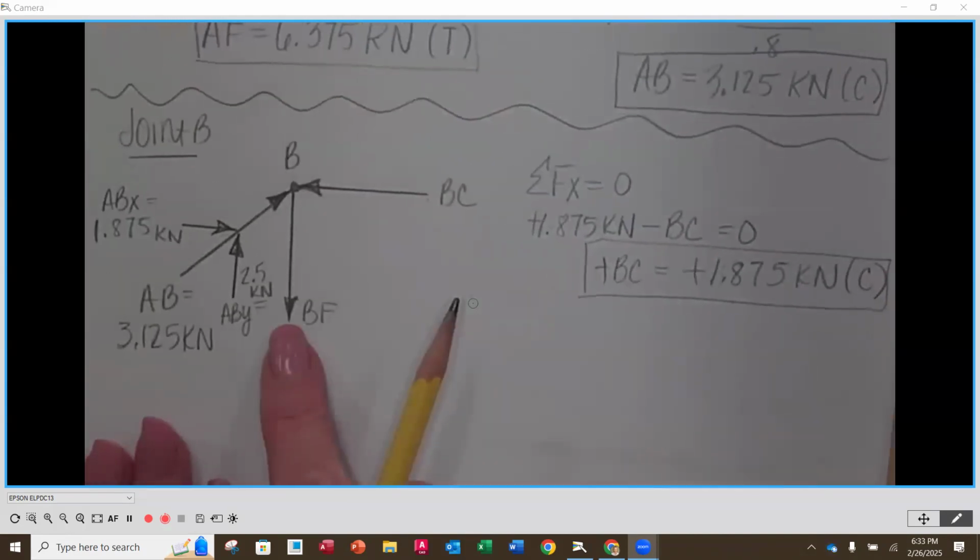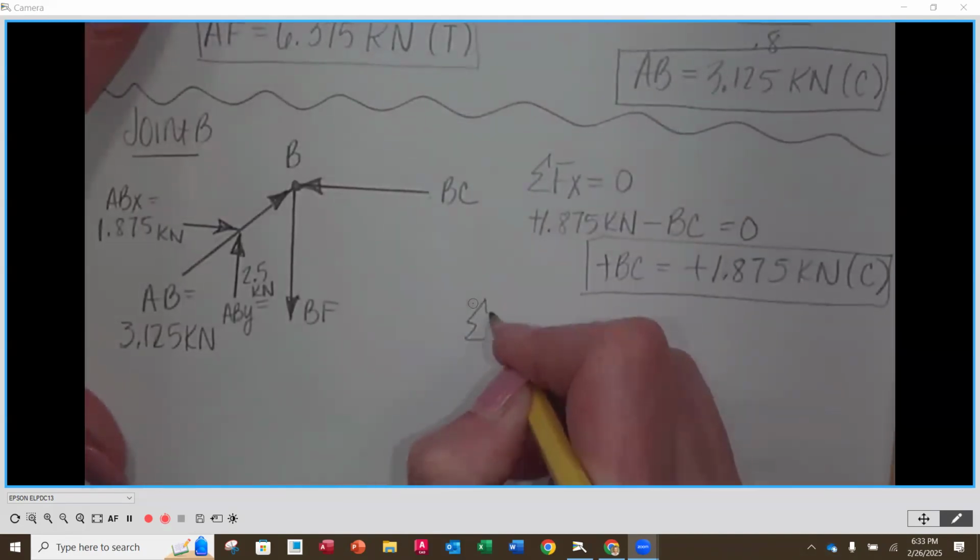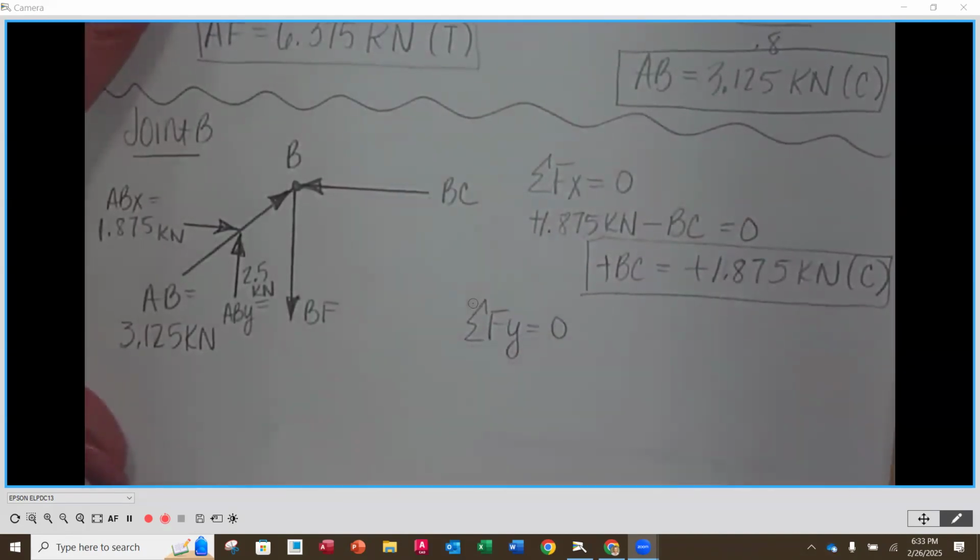Now we have one more unknown here, right? BF. So we're going to sum our forces in the Y direction equal to 0. We have 2.5 going up as the ABY. So this is going to be 2.5 kilonewtons positive. And we have a minus BF equal to 0.